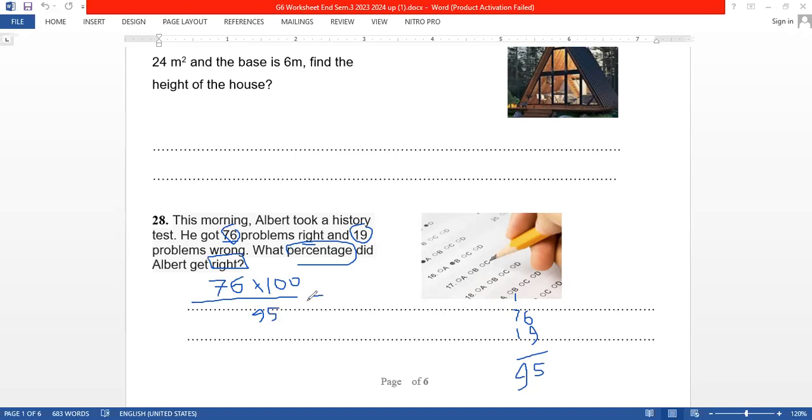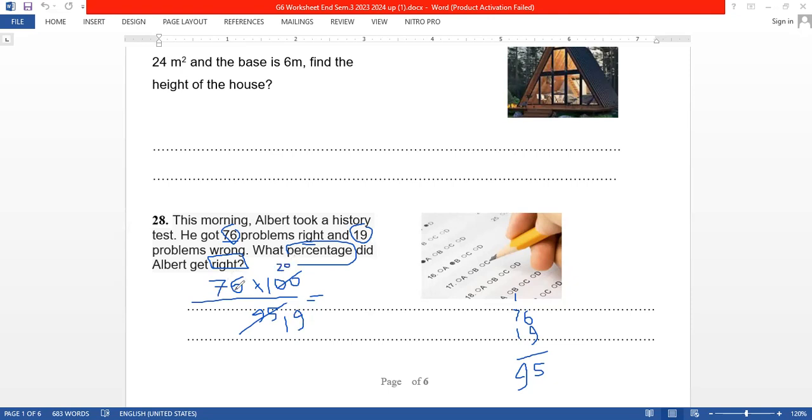So you can do the calculation, 76 times 100 is 7,600, divided by 95, then you get the answer. Yes, you can simplify, for the students who like to simplify. By 5, 95 becomes 19. 100 by 5, I divide up and down by the same number, we get 20.